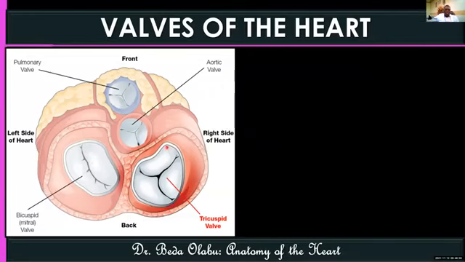This image captures those valves. This is an image of the heart viewed from above. This is the front, this is behind, this is to the right, this is to the left. So we see the valves which give you the Mercedes-Benz sign, the pulmonary valve and aortic valve. Then this is the left atrioventricular valve, and this is the right atrioventricular valve.